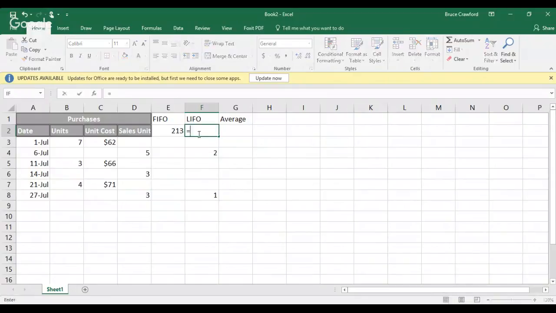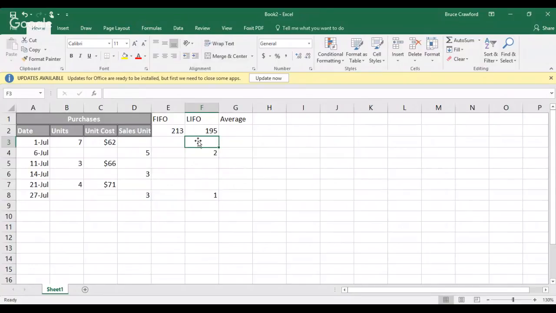How we're going to calculate this is equals 2 times 62 plus 71, because 2 of these units left over were purchased at $62, and the 1 unit left over was purchased at $71.